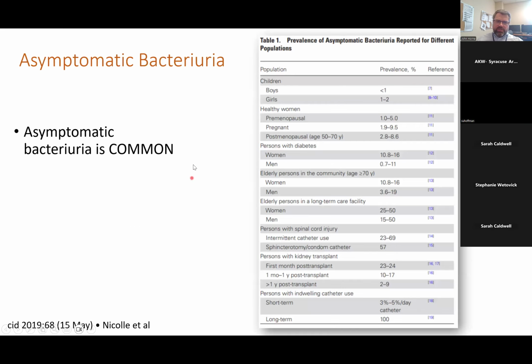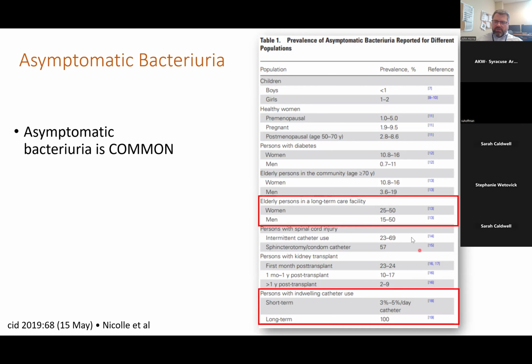So asymptomatic bacteriuria is common. They do these studies and look at how frequently people have bacteria in the urine, and it turns out to be a lot. They have bacteria in the urine with no symptoms. So elderly people in long-term care facilities, it's very common. And then down here at the bottom, it has people with indwelling catheter use.